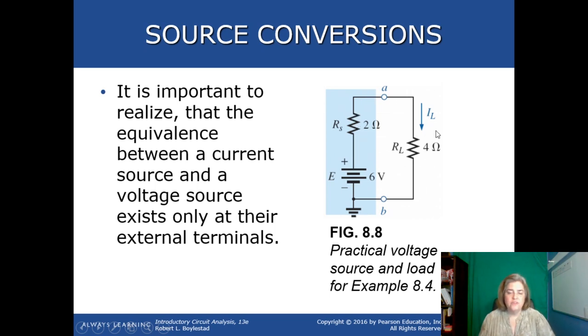And since this is a series circuit, I sub L would just be 1 amp. And then 1 amp times 4 ohms, that's 4 volts. So if we convert that 6 volt source to a current source, we have to still have 1 amp of current through the 4 ohm resistor and 4 volts across it.